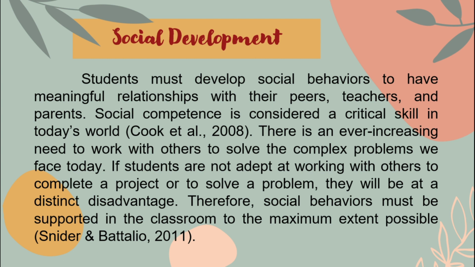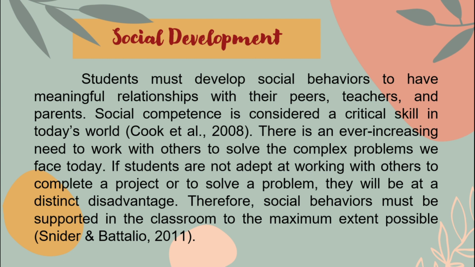Now, first, we have to allow students to develop social behaviors by providing instructional activities that will let your students build a meaningful relationship with their peers. That is because when students work together, they can solve complex problems even though they just encountered that particular problem.